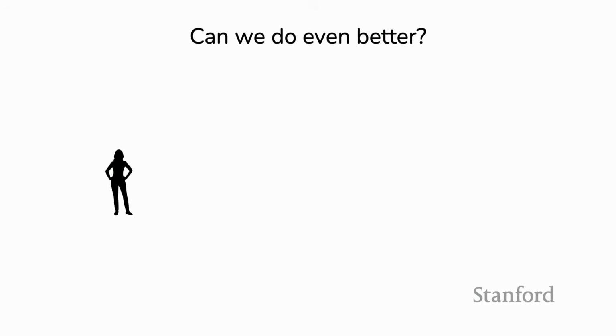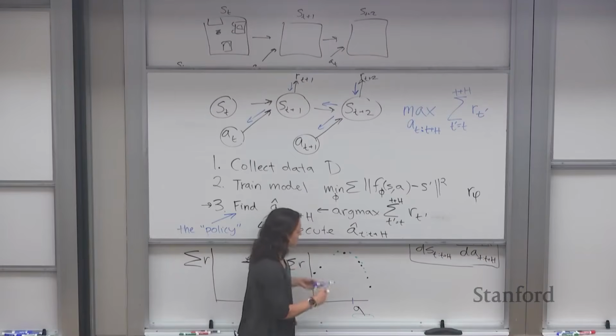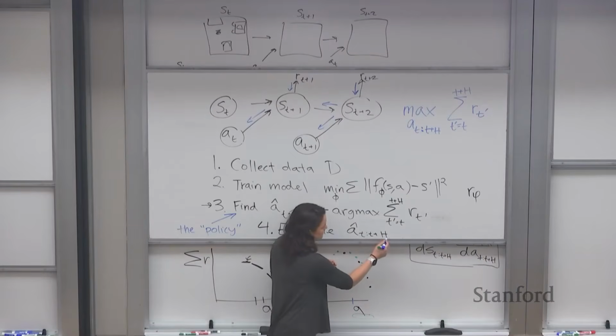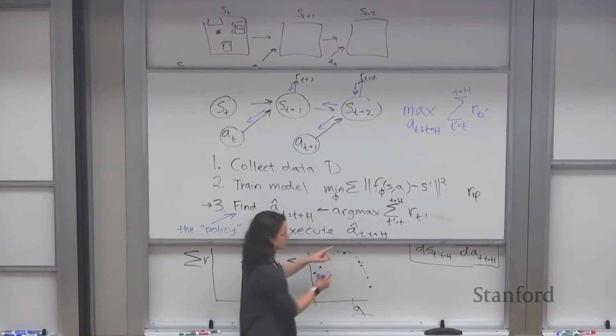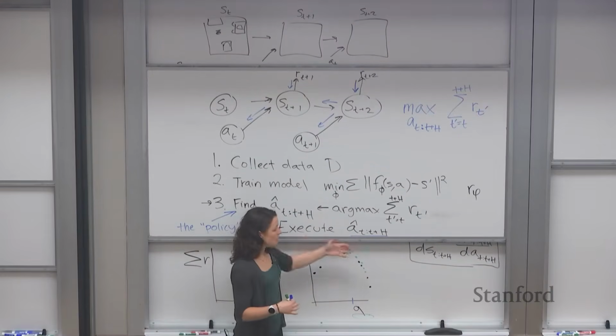Now, there's a number of things that we could still improve about this algorithm, and let's talk about a few of those. So far we've been executing this set of actions right here in the environment. We've been planning out a sequence of actions and executing them.